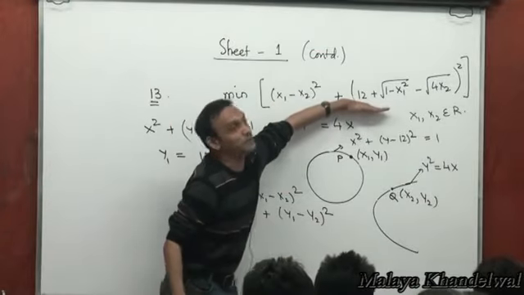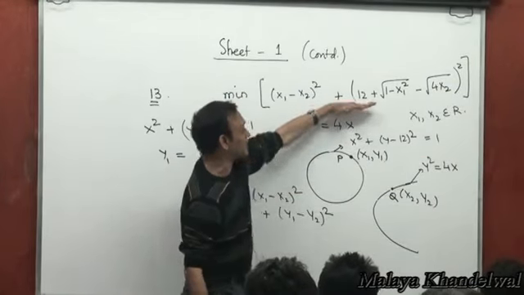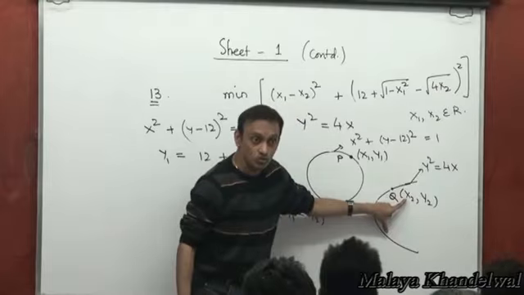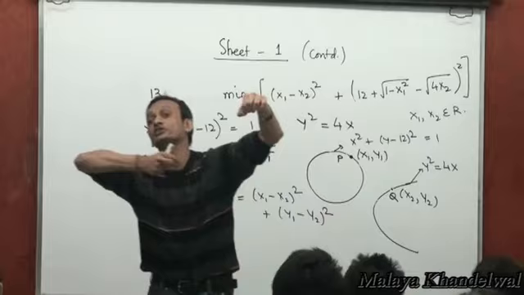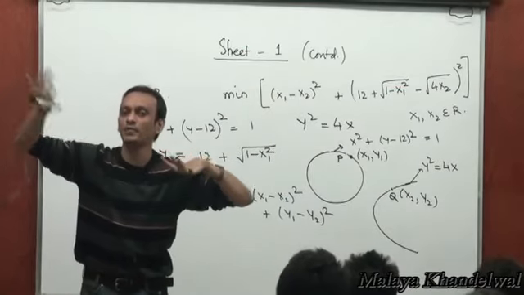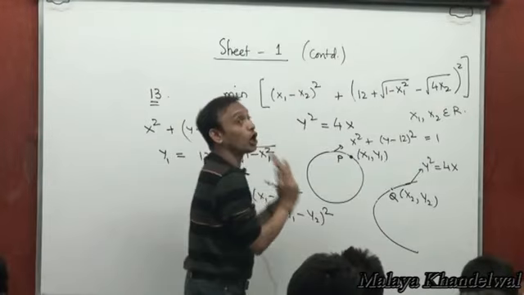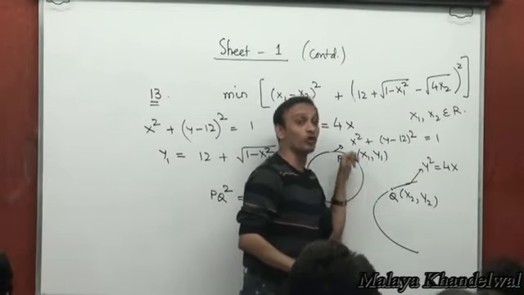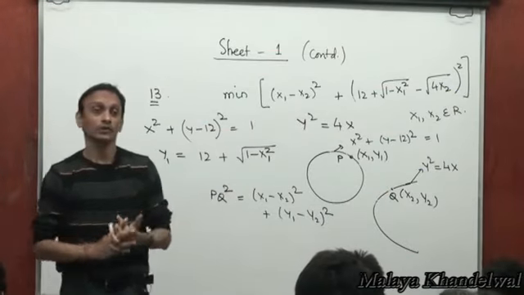For different x1, x2, it represents the different distances PQ between points on the circle and points on the parabola, right? We want to find the shortest distance PQ squared. We want to find the shortest distance PQ, right?